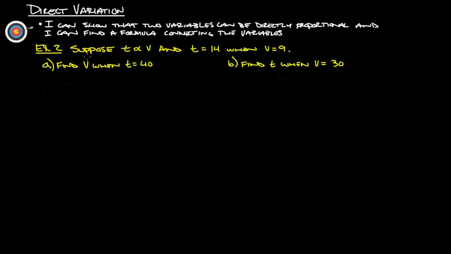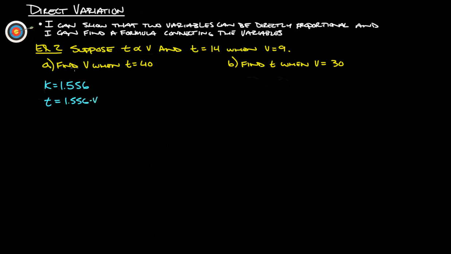Example 2 again: suppose t varies directly with v and t equals 14 when v equals 9. Find v when t equals 40. From the problem we just did, we figured out that k was 1.56. Let's go one more decimal out to make sure we get an accurate answer. So if k is 1.556, t equals 1.556 times v.